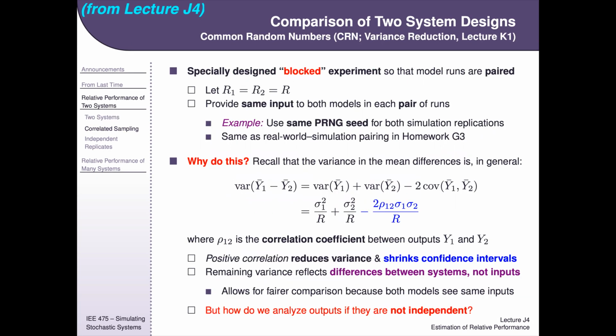In the first case, this is when I run the same input into both systems. For each input, I look at an output from system 1 and an output from system 2, and I calculate that difference. For another input, I look at the output of system 1, output of system 2, calculate a difference, and so on. This is just like in homework G3, where we took real data from the real system and ran it into the simulated system.